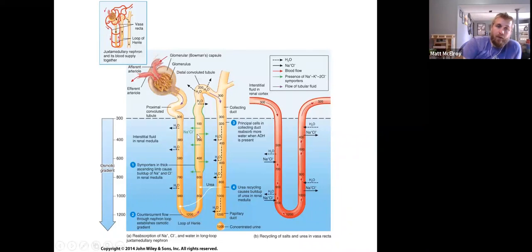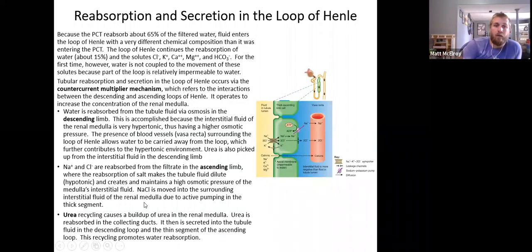By pumping out salt here, the fluid that surrounds the tubule, the interstitial fluid, is super salty, which draws the water out of the descending limb. Now, it's not shown in this illustration, but surrounding the loop of Henle are blood vessels called vasa recta that pick that water up immediately.